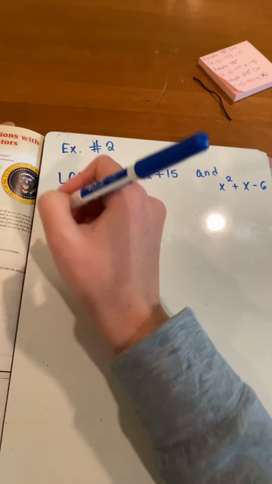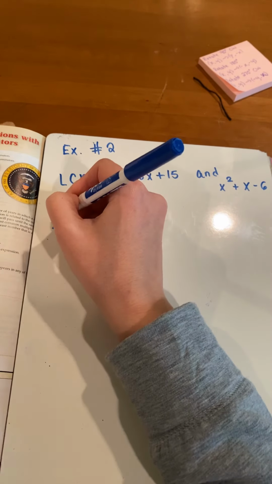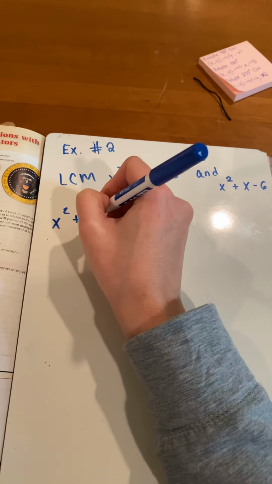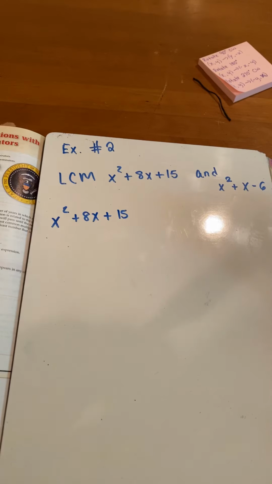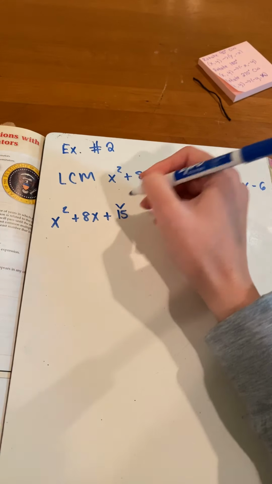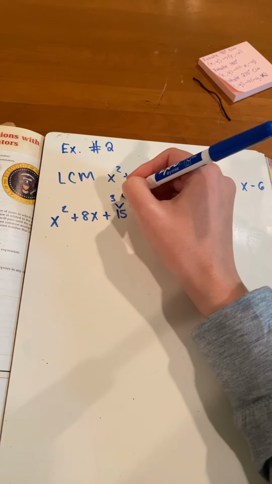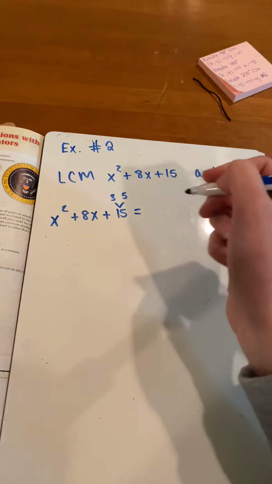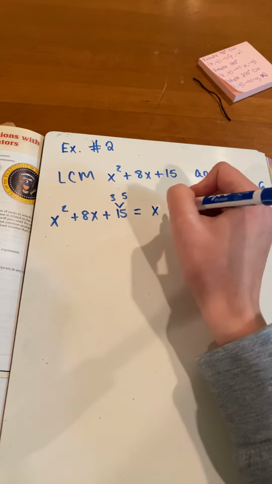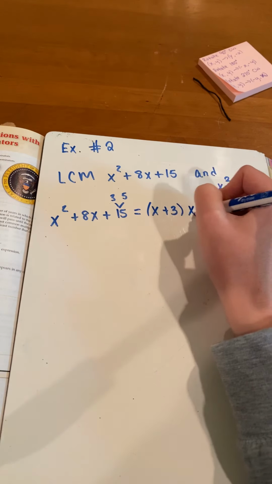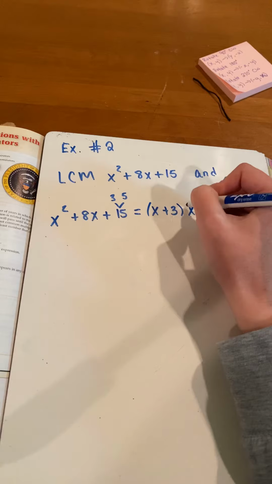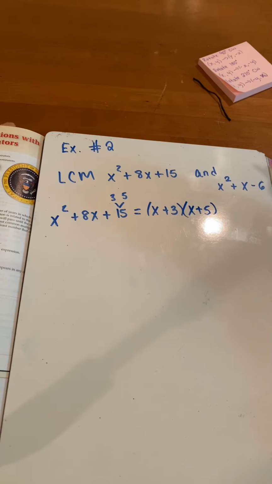So let's start by factoring x squared plus 8x plus 15. Well, what are our two multiples of 15 that sum to 8? You should be telling yourself 3 and 5. So if you factor this polynomial, you're going to get x plus 3, x plus 5. And those are our factors. Same thing that we did with the prime factorization tree. We have broken this polynomial down to its simplest factors.